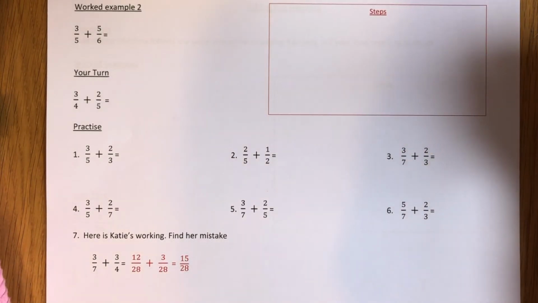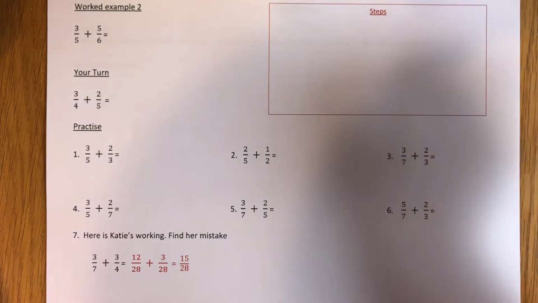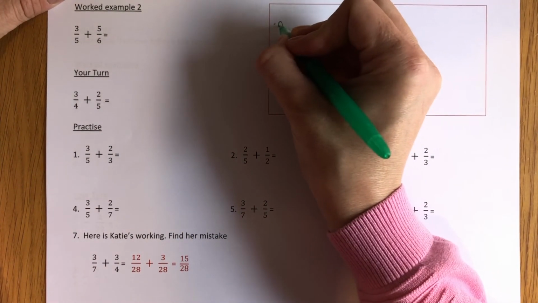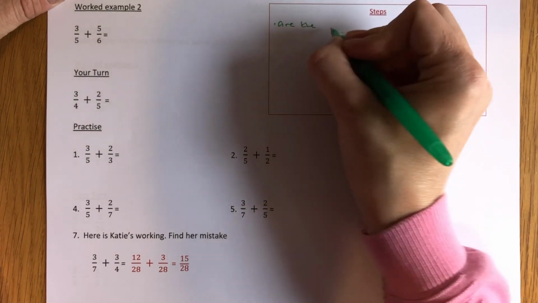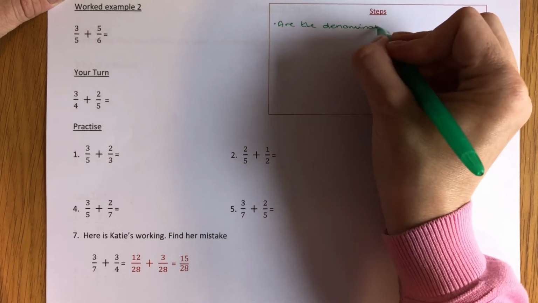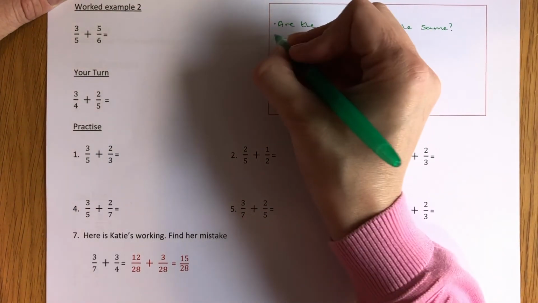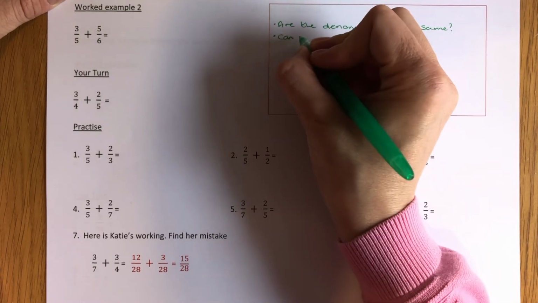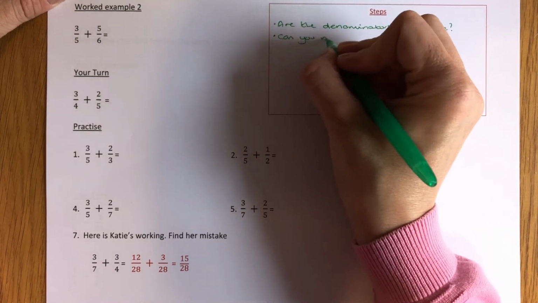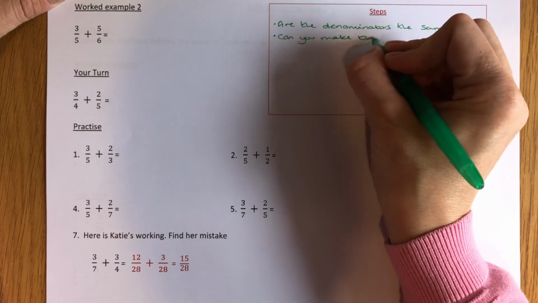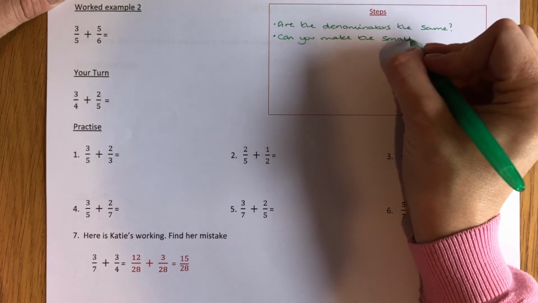Okay, our next example. So we start off the same. We're going to say, are the denominators the same? If not, can you make the smaller one into the larger one like before?